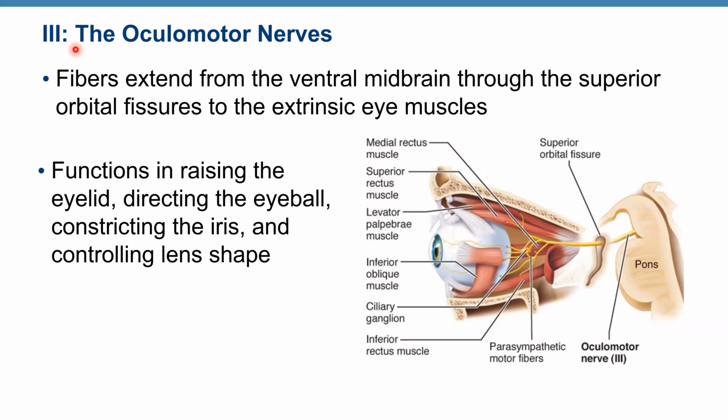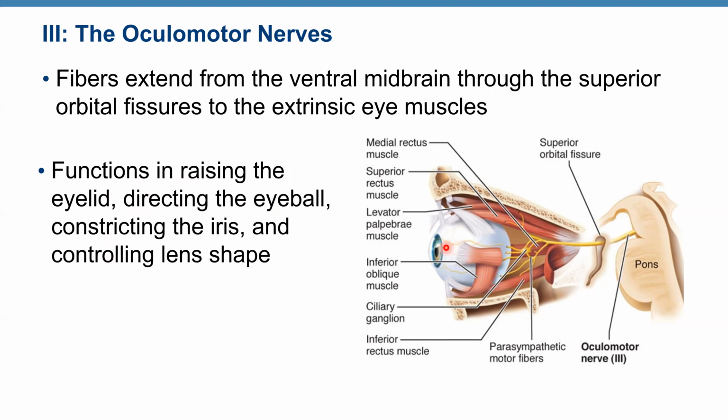Oculomotor nerve. This nerve is a motor nerve. Fibers extend from the midbrain. Here's the midbrain. Now we're moving to the periphery, and it innervates most of the eye muscles, the extrinsic eye muscles that move your eyeball. So it functions in raising the eyeball, directing the eyeball, constricting the iris, and controlling lens shape.